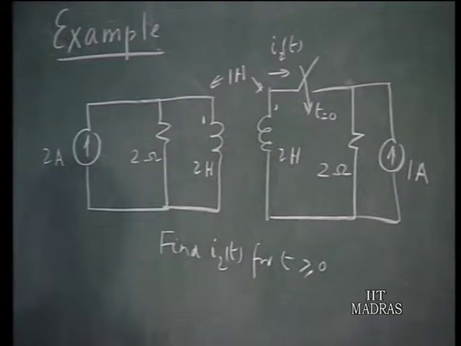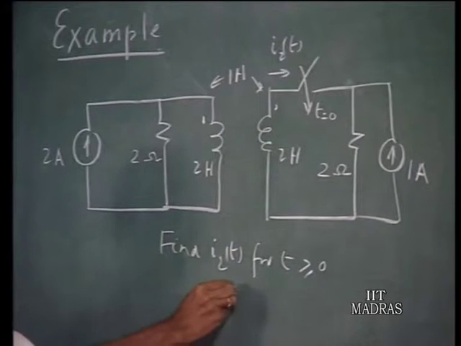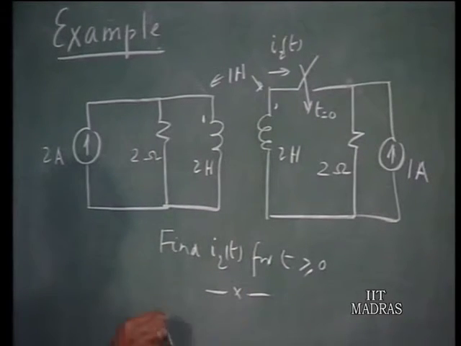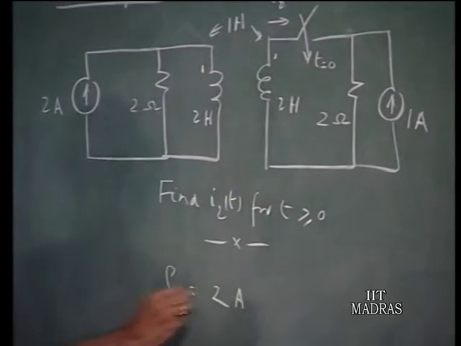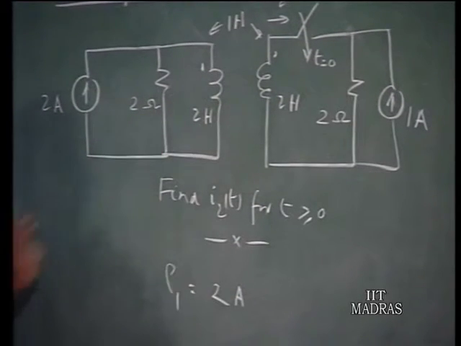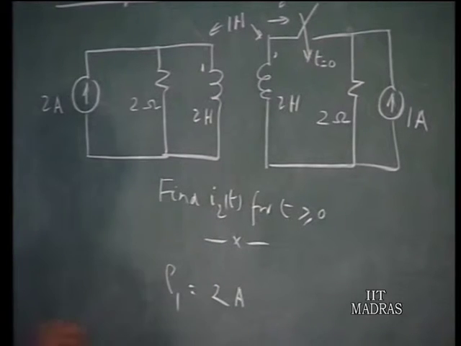Therefore, this 2 ohms is short circuited. Therefore, i1 is 2 amperes, that is the current in this inductor at t equals 0 minus, and the current in the second inductor is 0 amperes. So, that is what we are having.